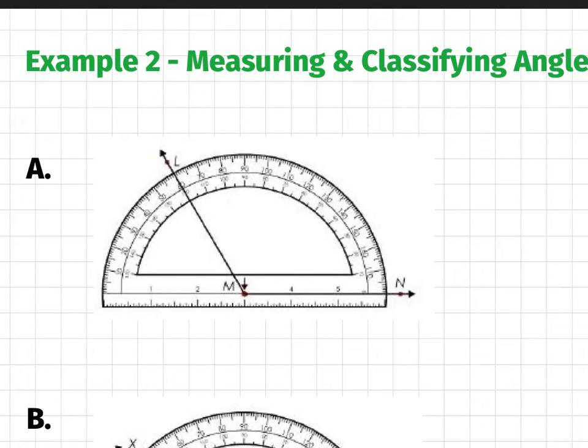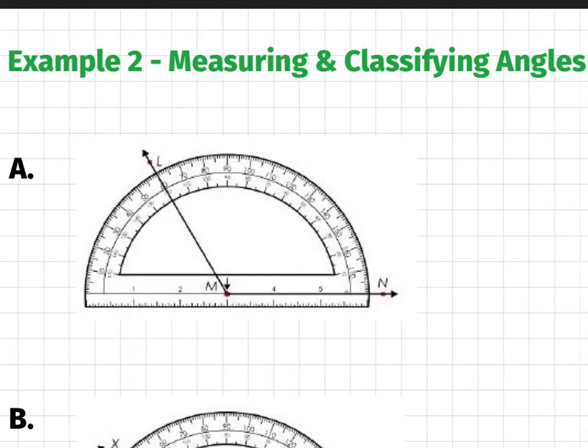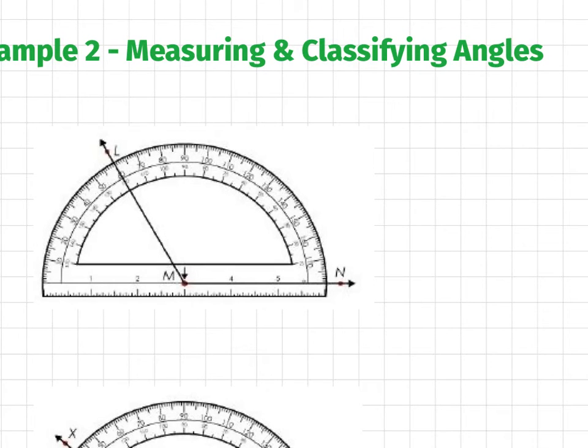So let's do three things. We're going to measure the angle, talk about the classification of the angle, and then name the angle. So the first thing I want to do is look at this angle. I can look and see that it is greater than 90 degrees. So I'm going to say that it is obtuse. And then I need to name the angle and talk about the measure of the angle. So this angle is going to be angle LMN.